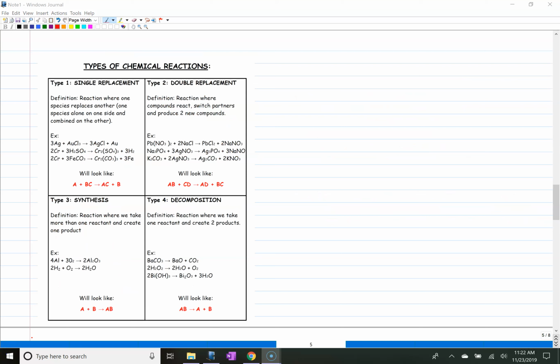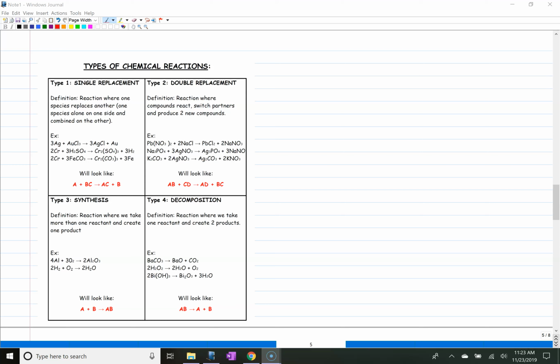Next, we will talk about the types of chemical reactions and how we can predict the products of a chemical reaction. The first type is a single replacement reaction. This is a reaction where one species replaces another, one species on one side, and it's combined on the other.